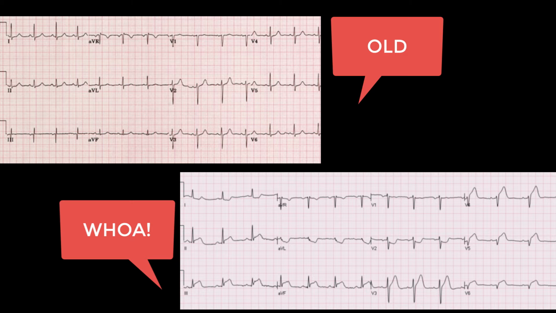But if that's not the case in your shop, then I would advise you to at least go back into the chart and pull up and print off at least 2 previous ECGs for your comparison. It's important because any subtle or even minor changes between EKGs can have pretty significant implications in the right clinical context.